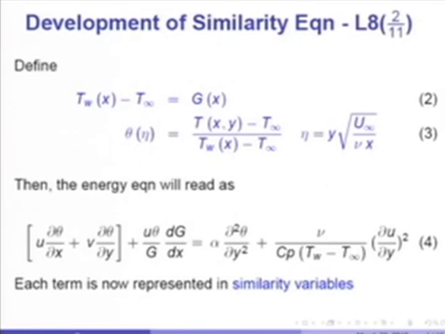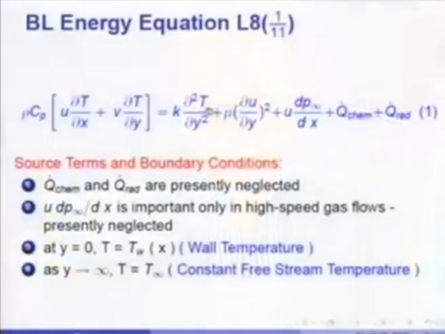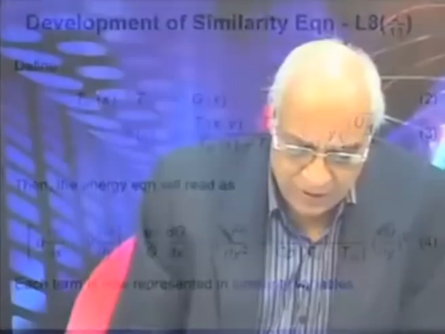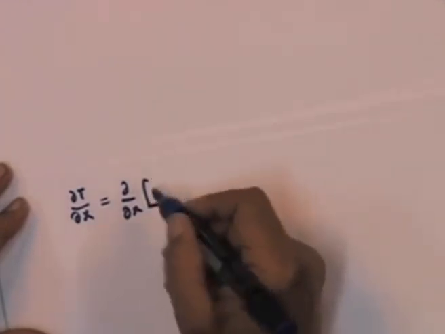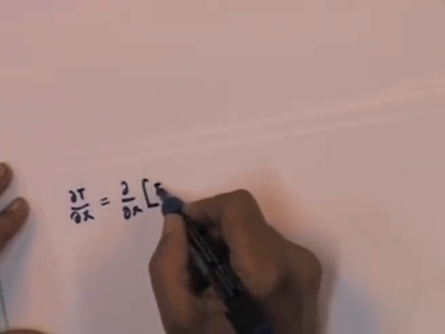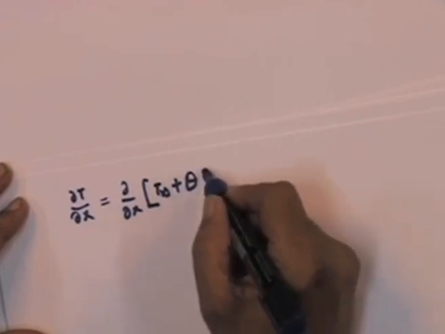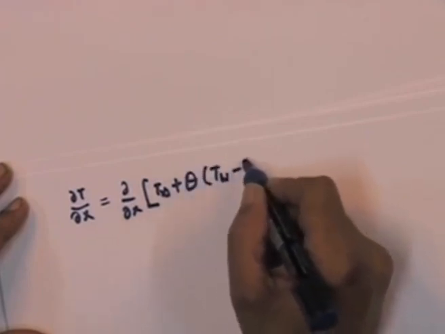If I make the substitutions of these two quantities in the differential equation, I am going to replace T in these three terms by theta. Then you will notice that dT by dx will equal d by dx of T infinity plus theta into T w minus T infinity.